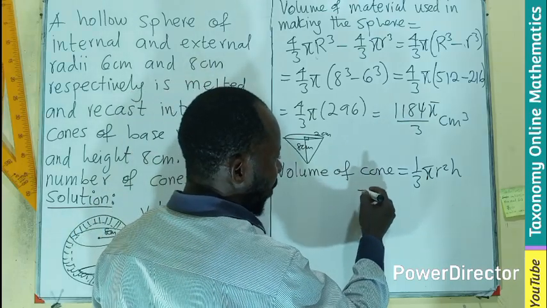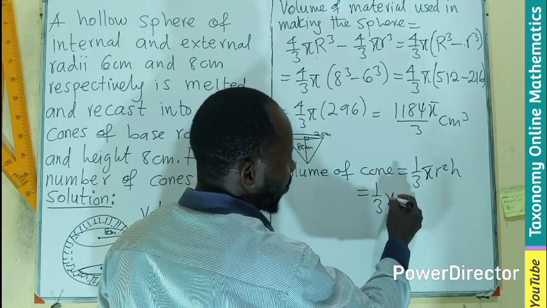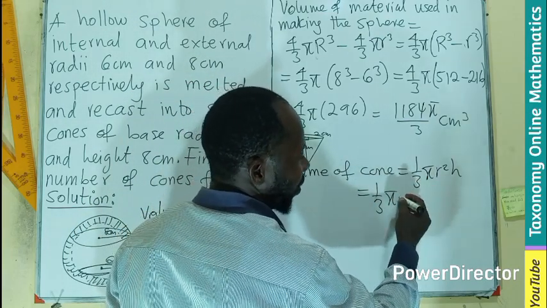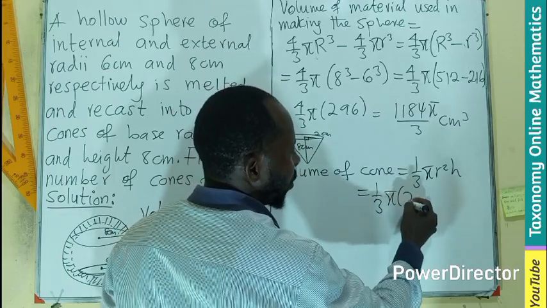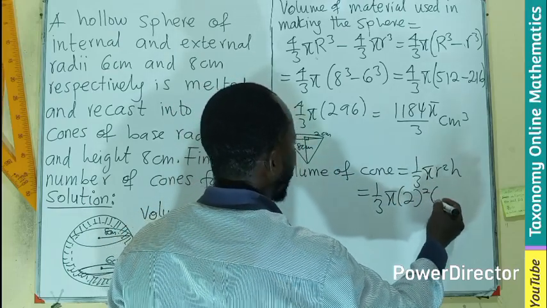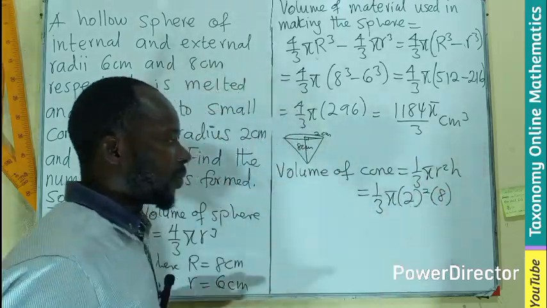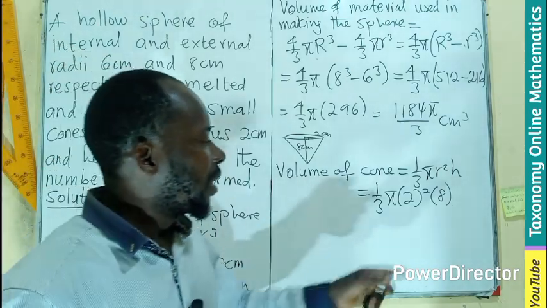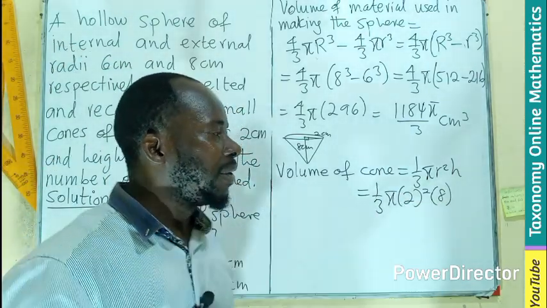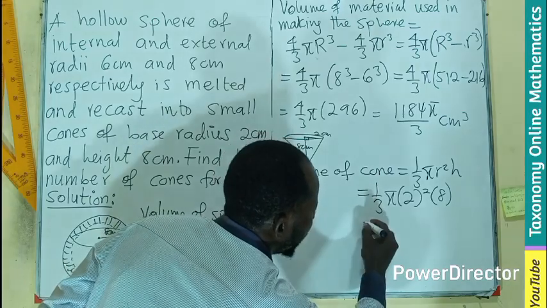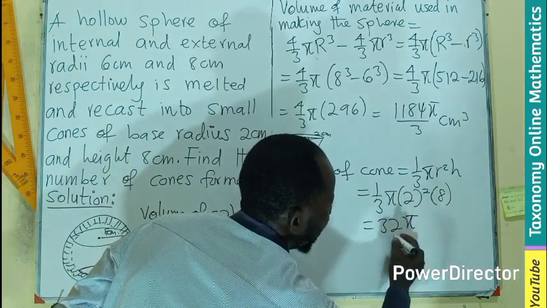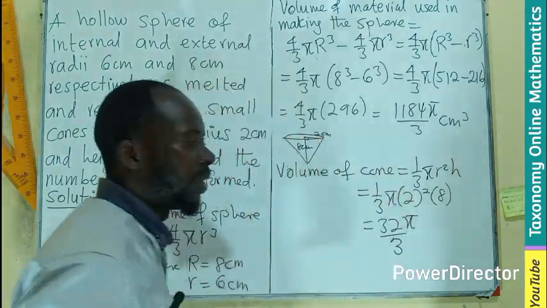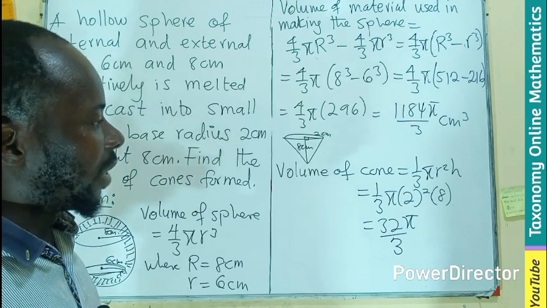By substitution, 1 on 3 pi, what do we have? R is going to be 2 to the power 2 multiplying what? 8. I think that will be 4 here times this 32. So we have 32 pi divided by what? 3. All right. What is next?